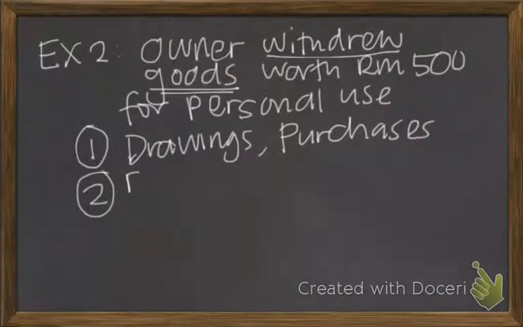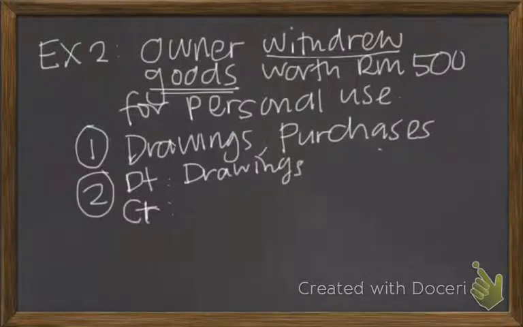What account do you need to debit and which account do you need to credit? We will debit the drawings account because drawings reduces the owner's equity, and whatever amount reduces the owner's equity should be recorded in a debit. Credit, we record purchases.